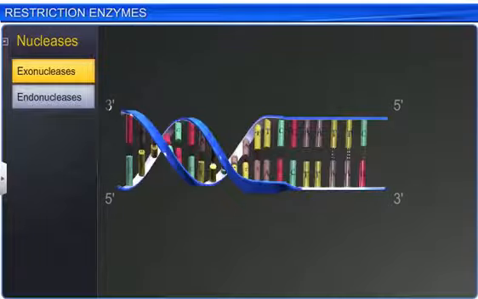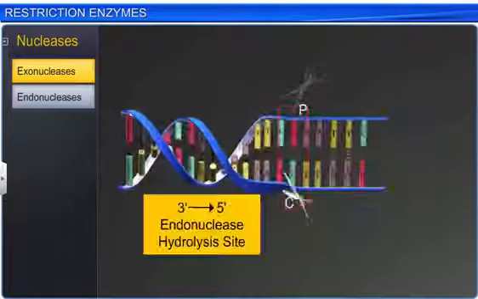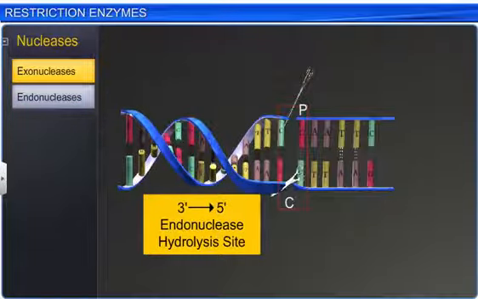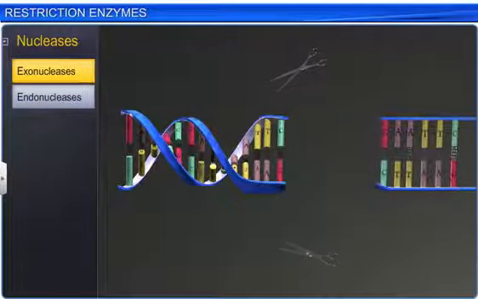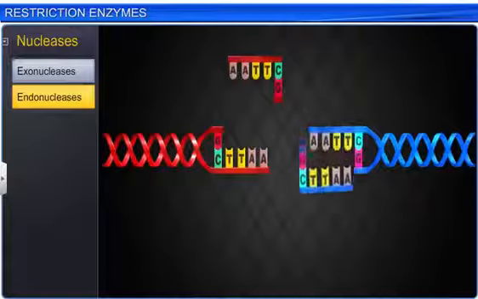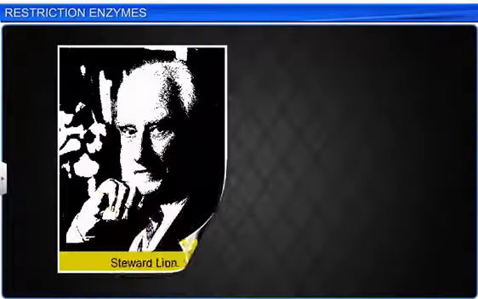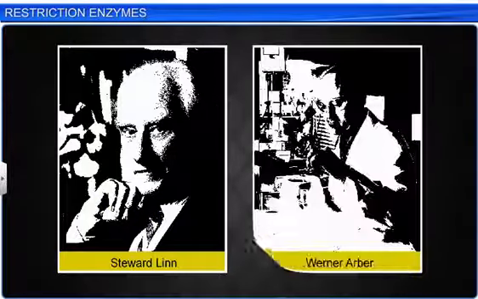Exonucleases remove nucleotides from the end of the polynucleotide chain. They hydrolyze phosphodiester bonds of terminal nucleotides, while endonucleases cut the DNA at specific points and are thus known as molecular scissors.